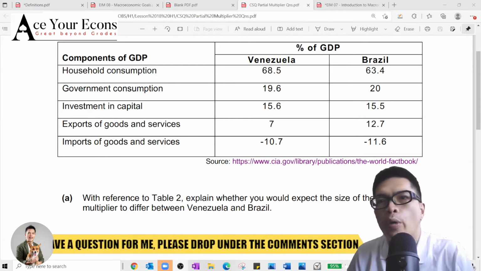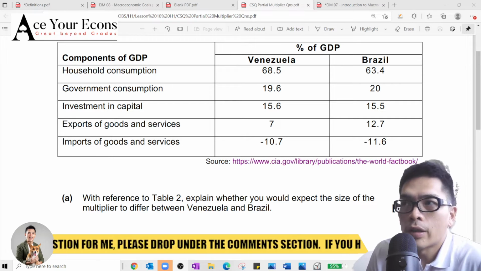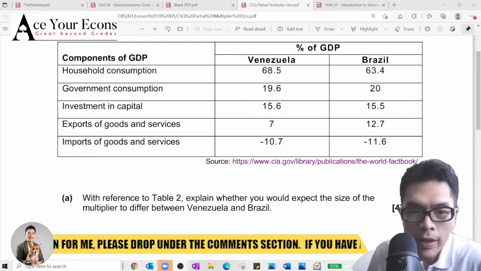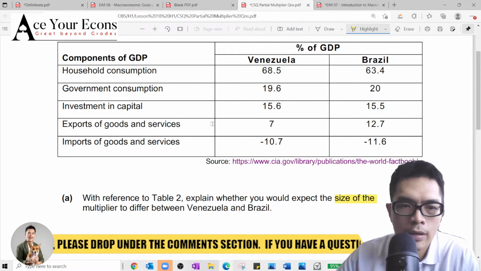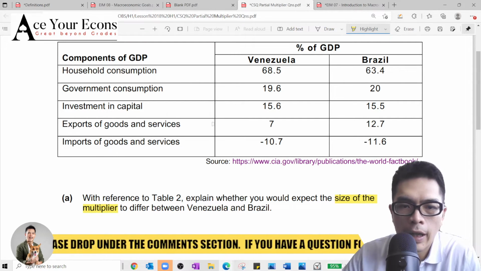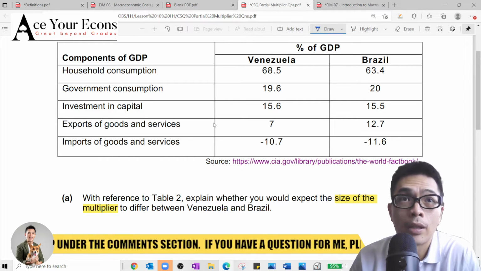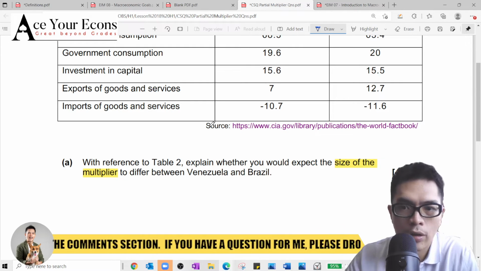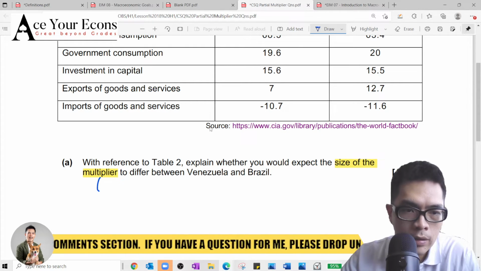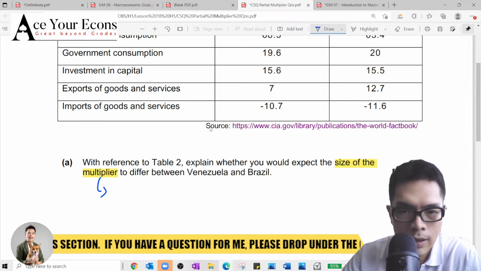Identifying the components of the size of the multiplier. Great. So the concept that is tested here is clearly size of multiplier. Remember, every case study will test you on a specific concept. This question has been very blatant. They tell you up front that they want the size of a multiplier.